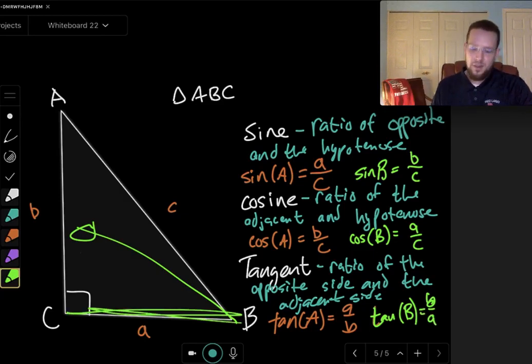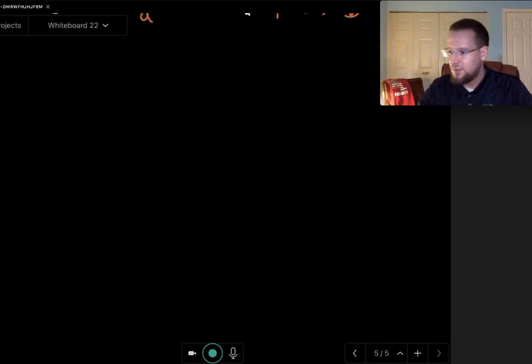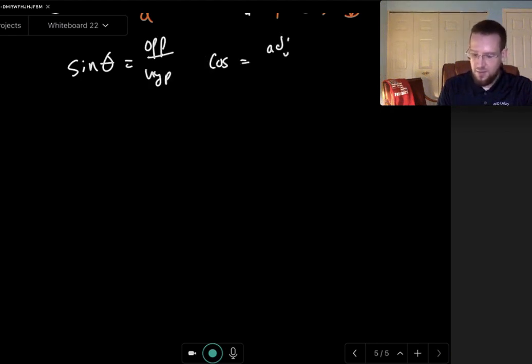So this is how we set up our trigonometric functions. My true apologies, this one's going to run long. I'm going to do an example here for you. The sine of the angle theta is opposite over hypotenuse. We have cosine, which is adjacent over hypotenuse.